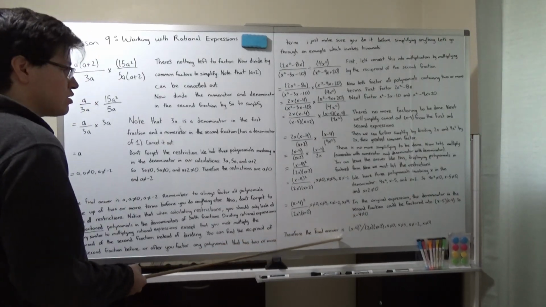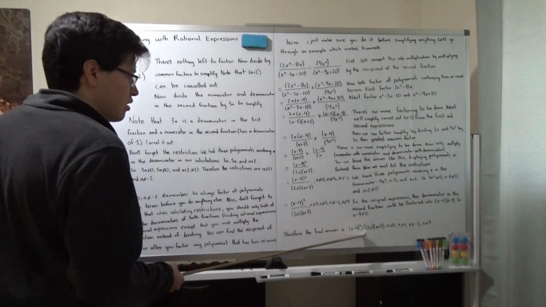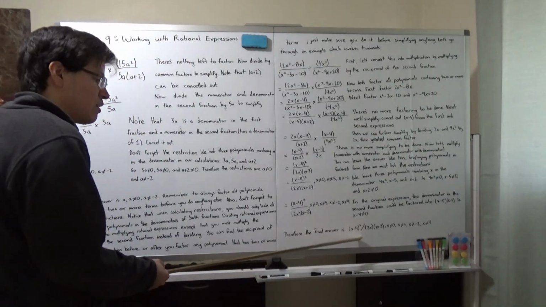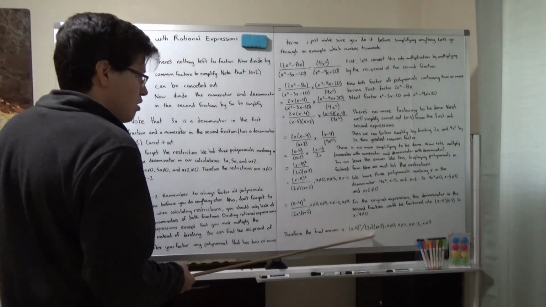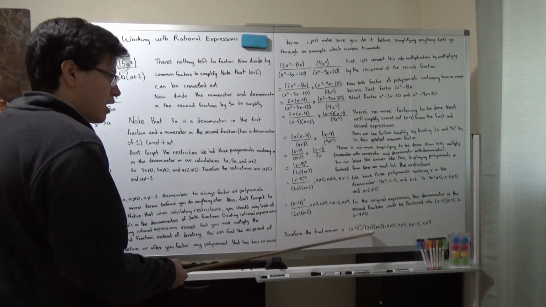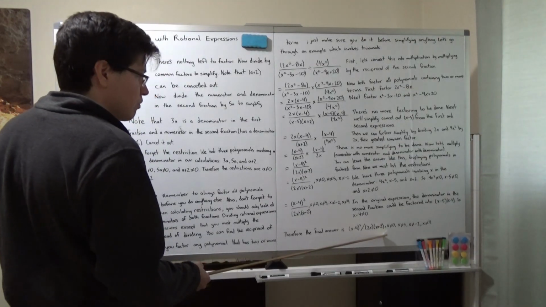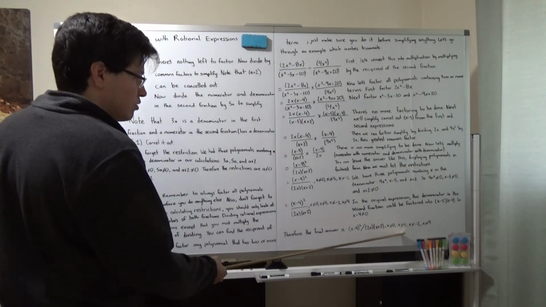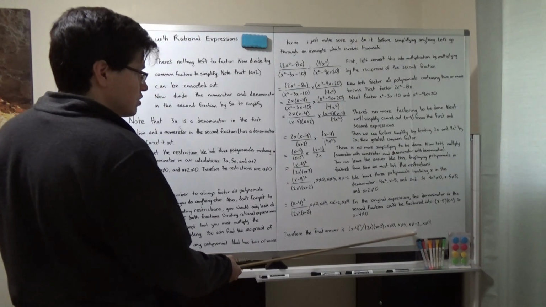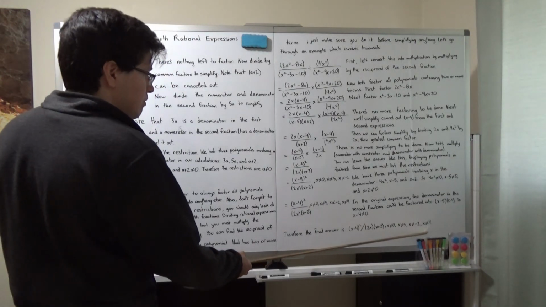Therefore the final answer is x minus 4 squared over 2x times x plus 2, where x cannot be equal to 0, x cannot be equal to 5, x cannot be equal to negative 2, and x cannot be equal to 4.